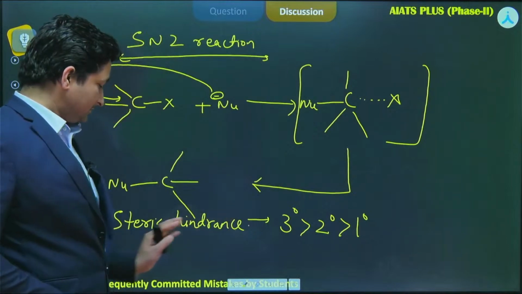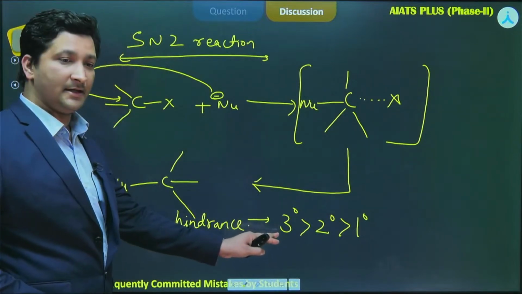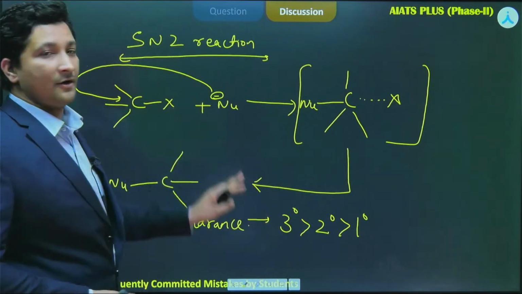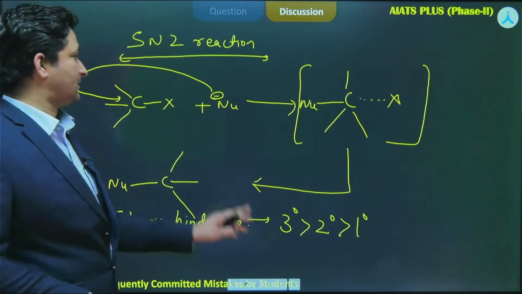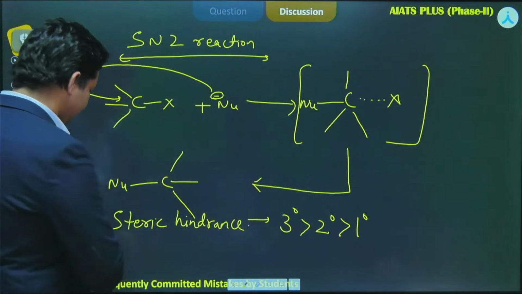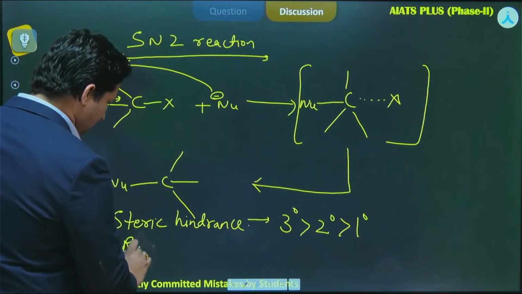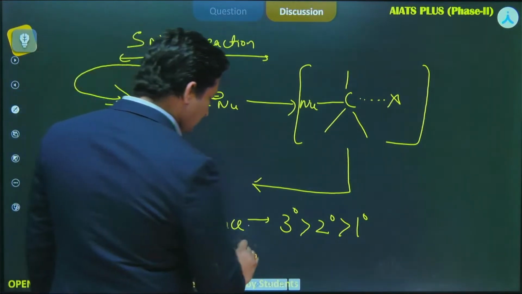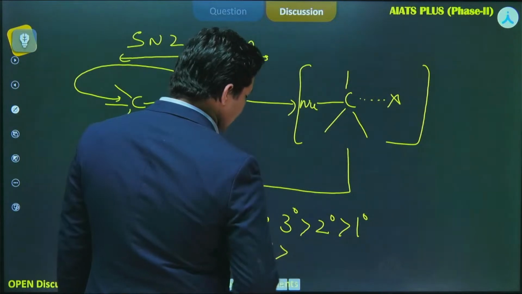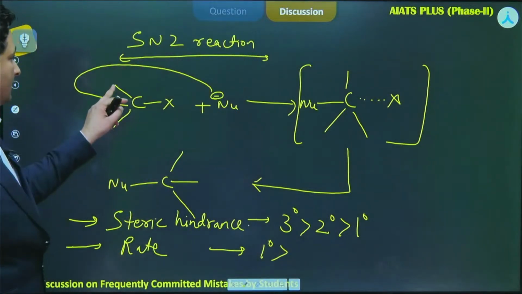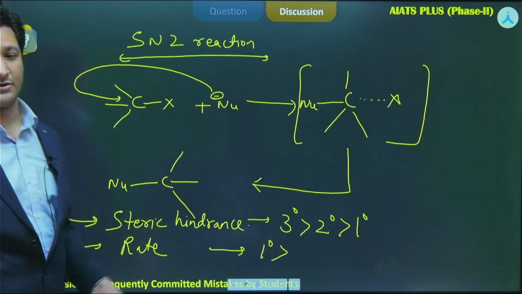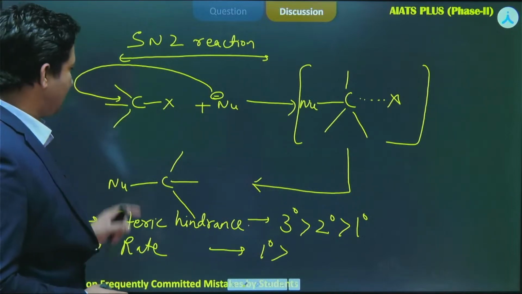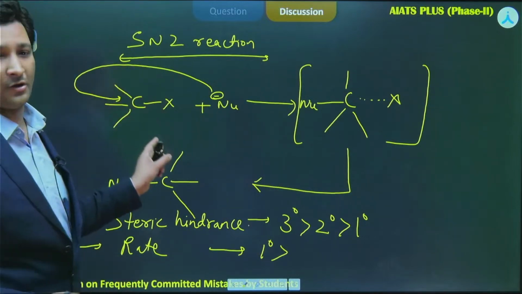Because steric hindrance is maximum in 3 degree, the rate of SN2 reaction will definitely be least, because more crowding will be there. 1 degree will have the maximum rate, because only 1 carbon and 2 hydrogens are there, so it becomes easier for the nucleophile to attack.